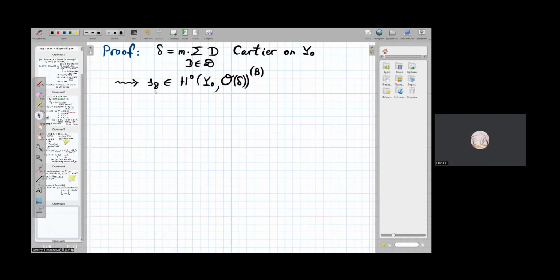This section S delta is actually a highest weight vector in this section space. And it generates a simple G submodule in the space of sections, which I denote by M. M is just the linear span of the G orbit of this section S delta in the space of sections.